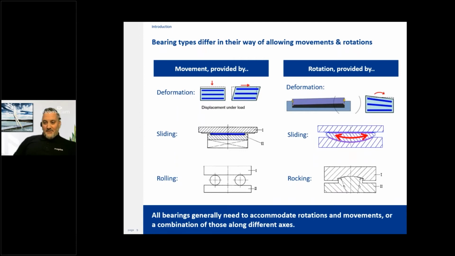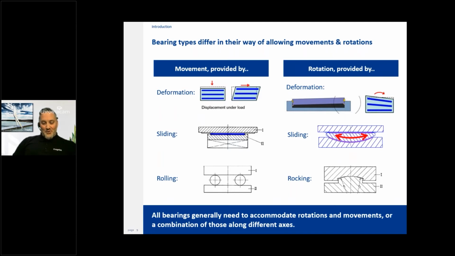In terms of classification of bearing groups, we like to think of these in terms of the way in which they will distribute movements or rotations. So at the top, we've got movement or rotation that would be conducted via deformation. You can see a little diagram of shear or complete compression on the upper left side, and then the upper right, we have something like differential compression where we can accommodate rotation.